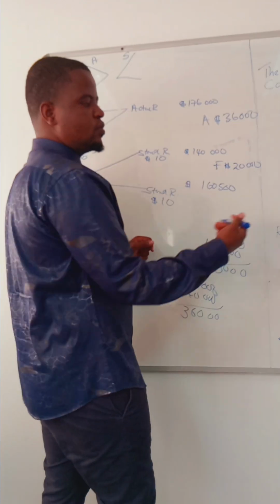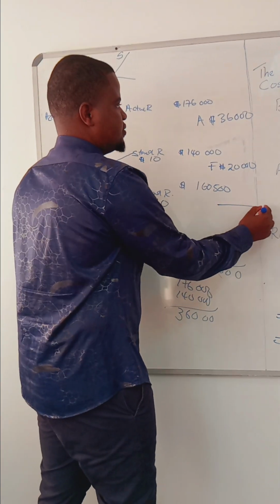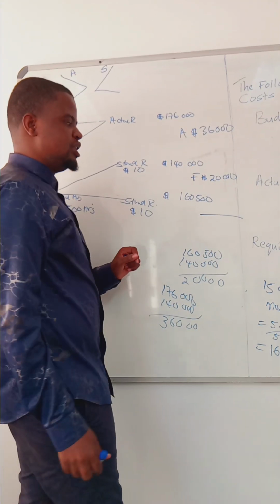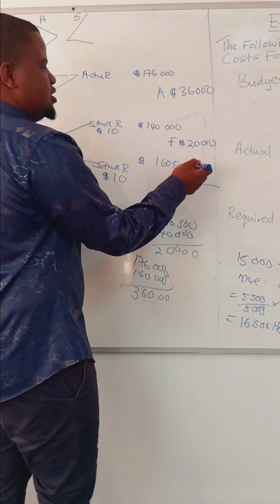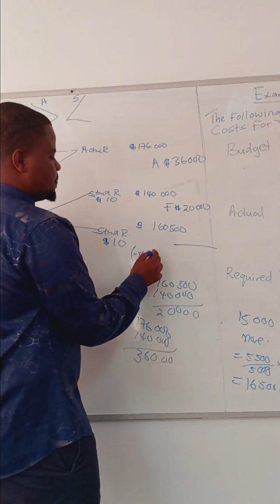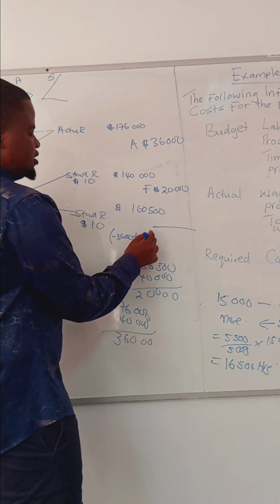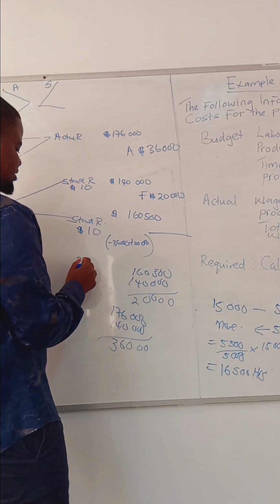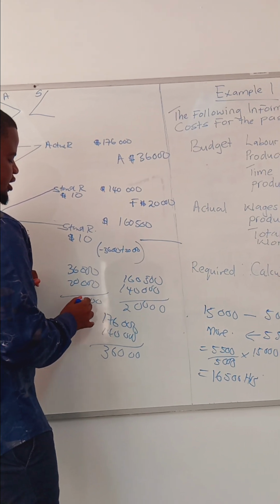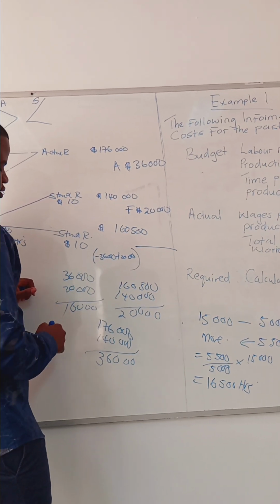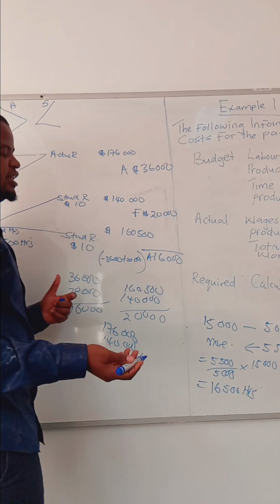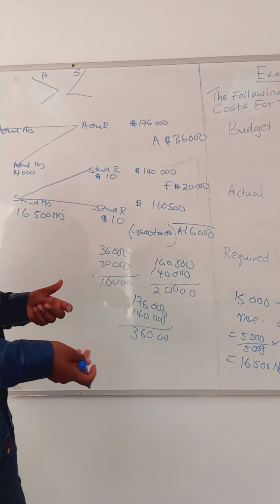So how do you calculate the total labor variance now? It is simple: negative 36,000 plus 20,000. In other words, we are saying what is the difference between 36,000 and 20,000. You will see that it is 16,000, but adverse. It is negative 16,000, which is adverse.